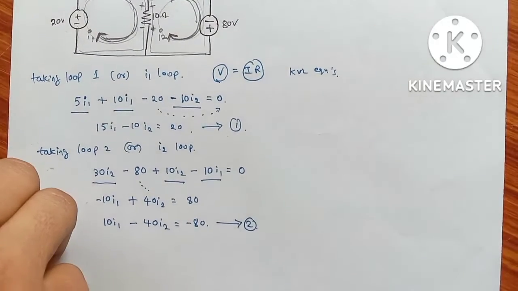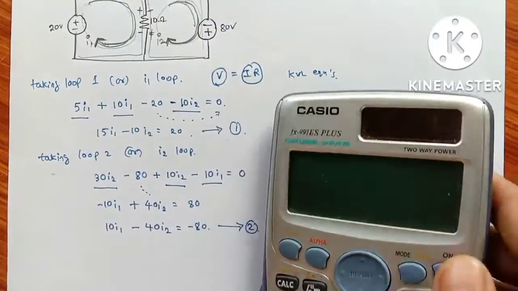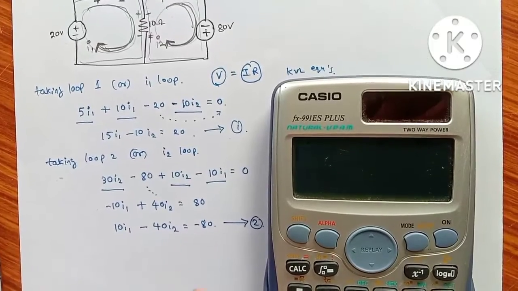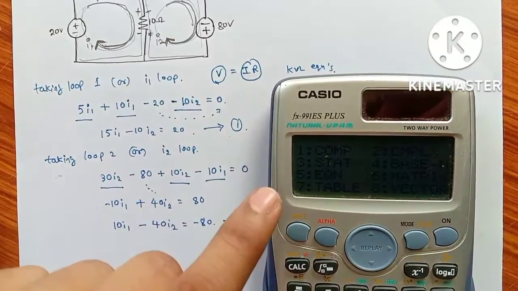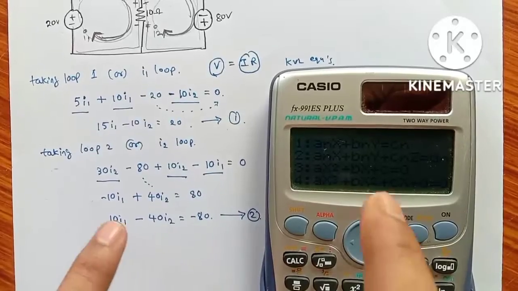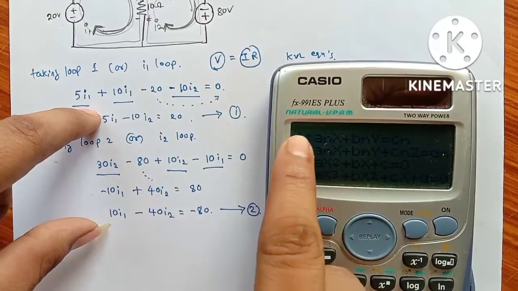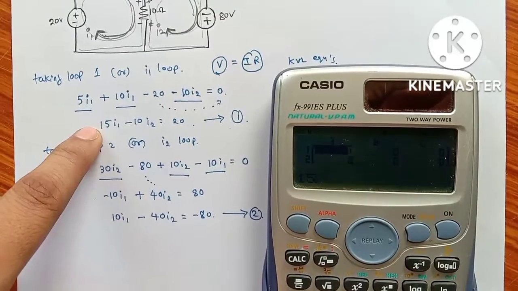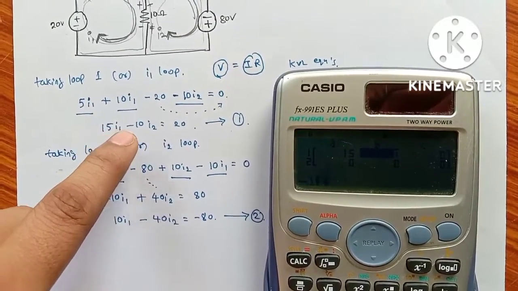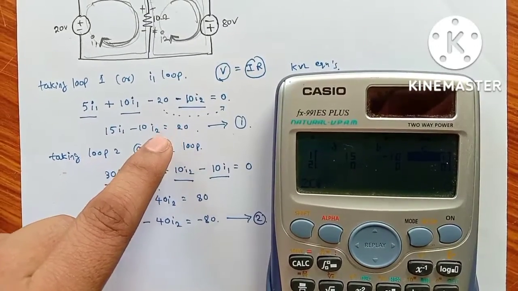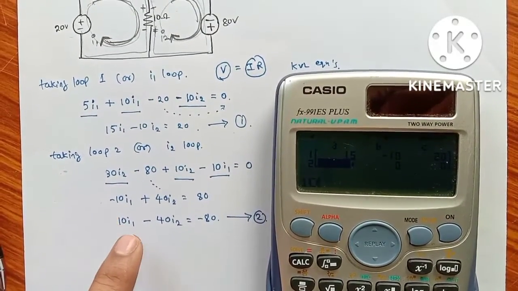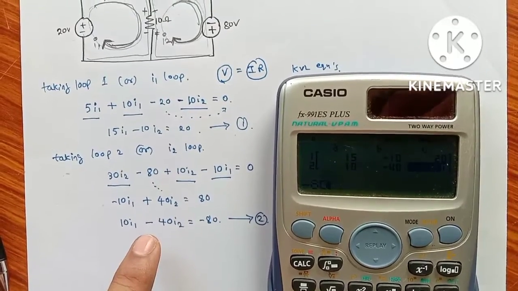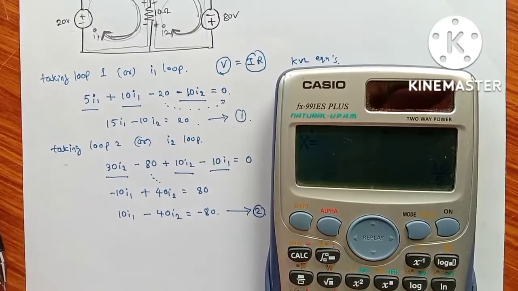If we use a calculator to solve these equations, we get I1 and I2. The coefficients are 15, minus 10, 20, 10, minus 40 and minus 80.